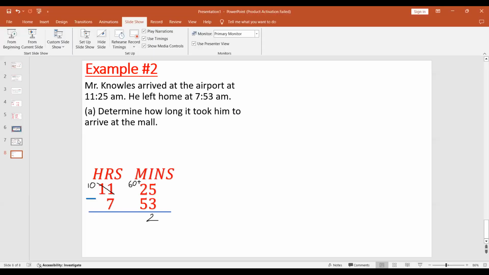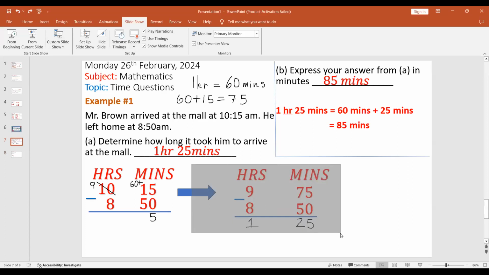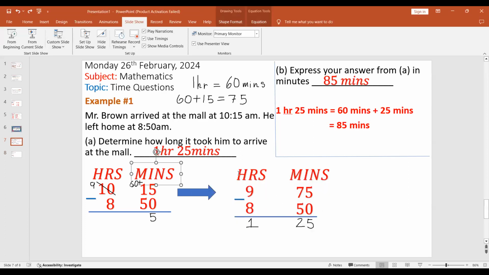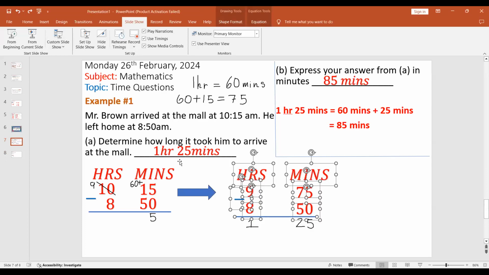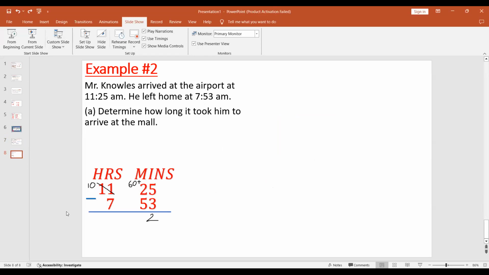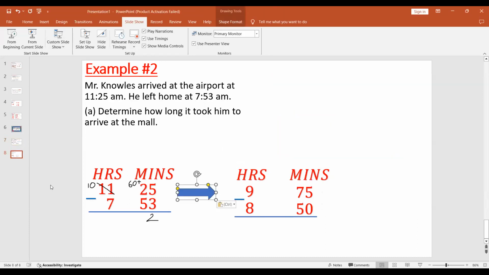Okay, so let's move on to the next one. Let me put the arrow. So in a similar way, we're going to construct another question again, but we're going to put an arrow in between them to denote our movement of things.